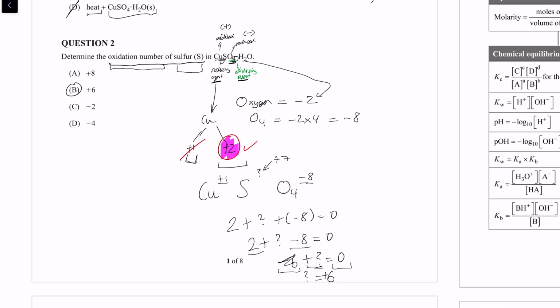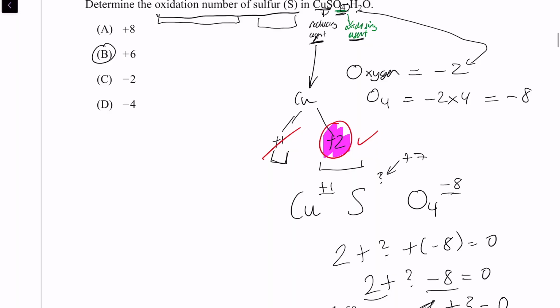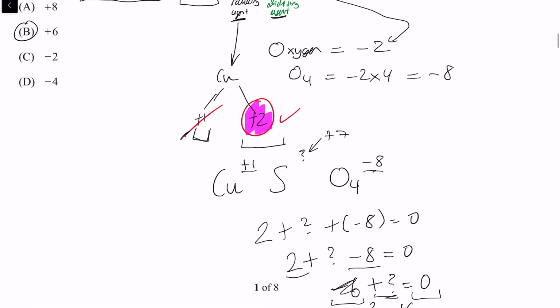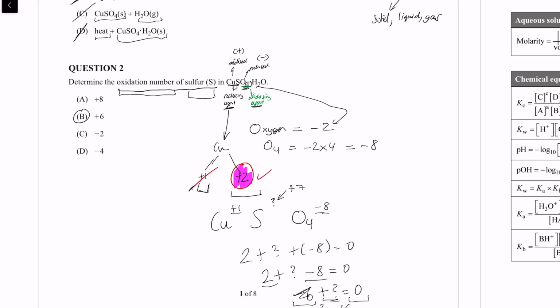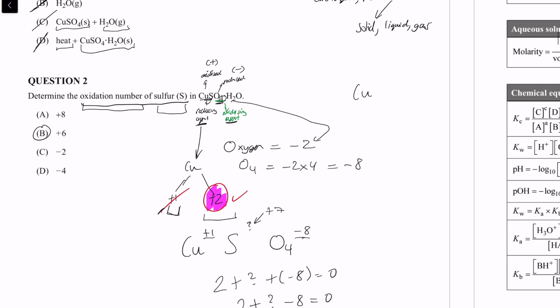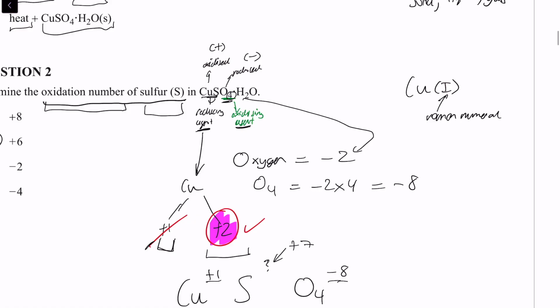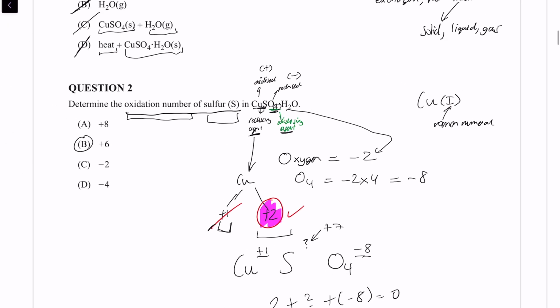So copper is definitely not going to be plus 1. And most of the time, it will always be plus 2, unless they give you something like copper I, which is a Roman numeral that essentially just tells you the oxidation number. But most of the time, especially for copper sulfate, copper is always 2 plus.